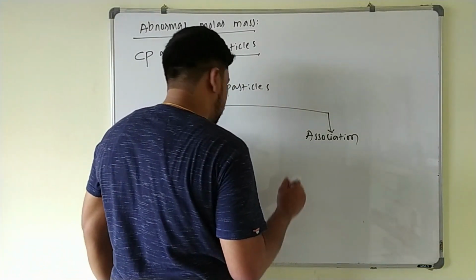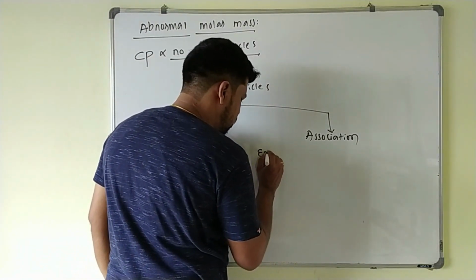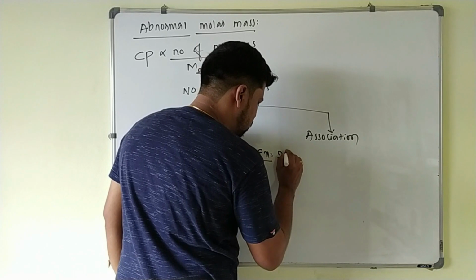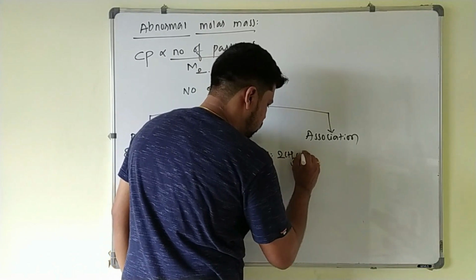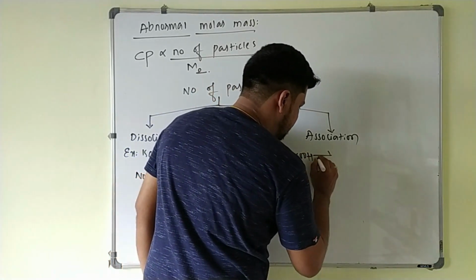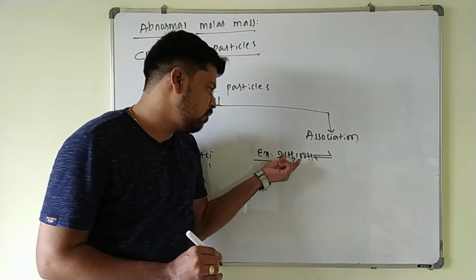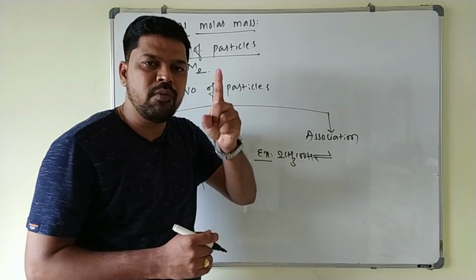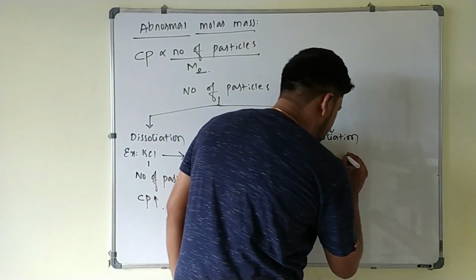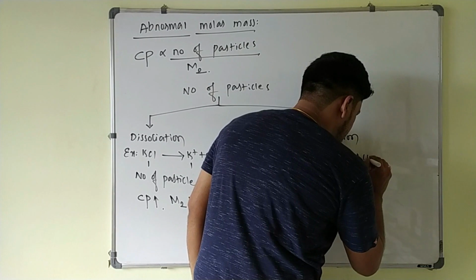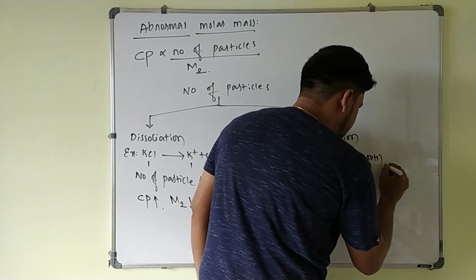Suppose the added solute undergoes association, for example, if I take 2 moles of acetic acid, whenever it is added to the benzene, it undergoes dimerization. Dimerization is nothing but every 2 molecules of acetic acid combine together to form only one molecule like this. This is CH3COO, twice I will take.